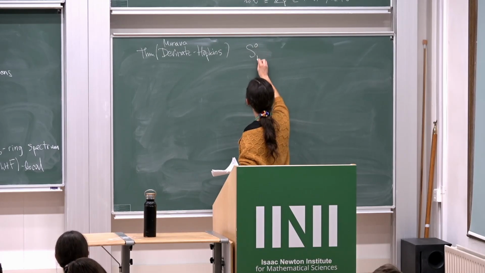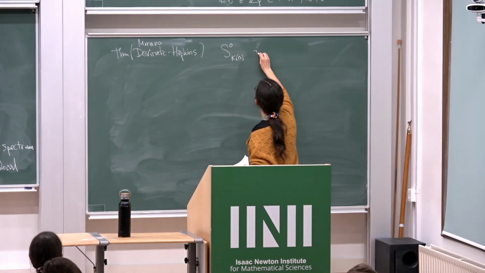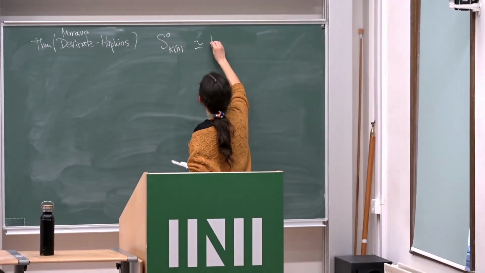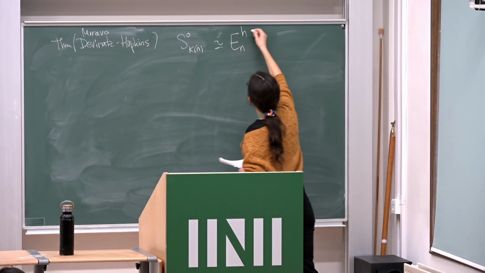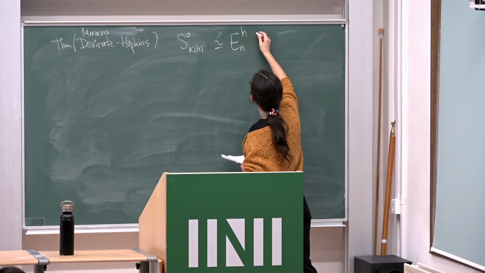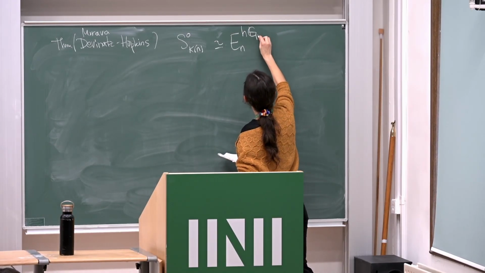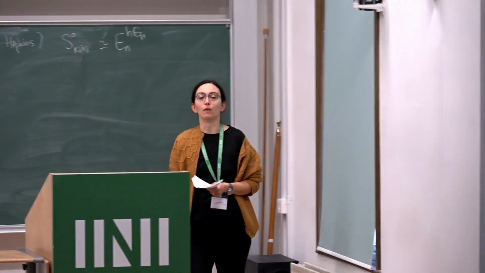But the Kn local sphere is equivalent to the homotopy fixed points, a sort of continuous homotopy fixed points, for this profinite group action on En.